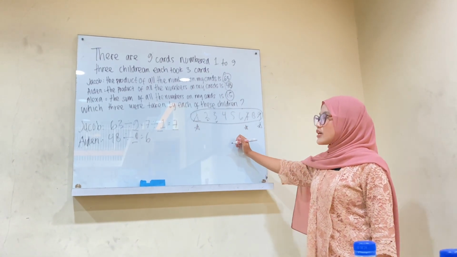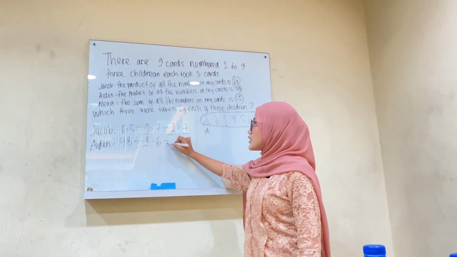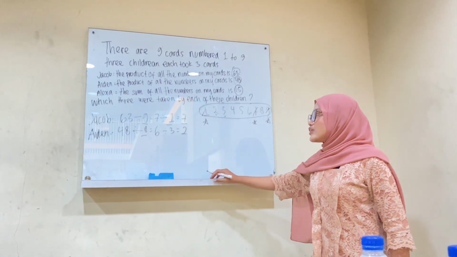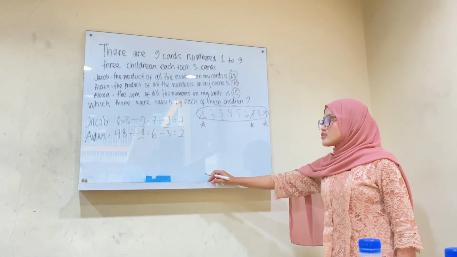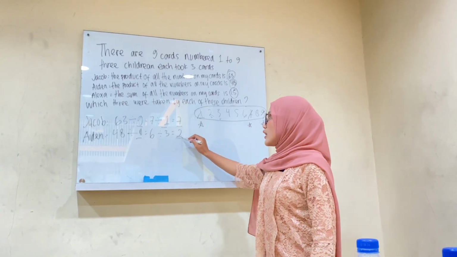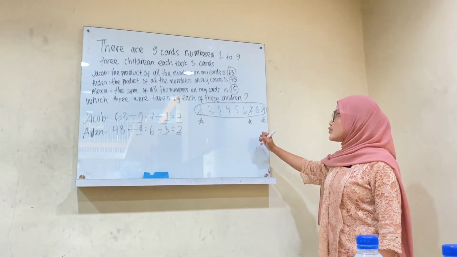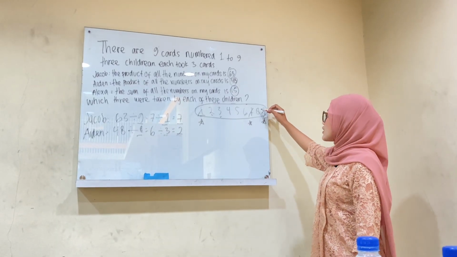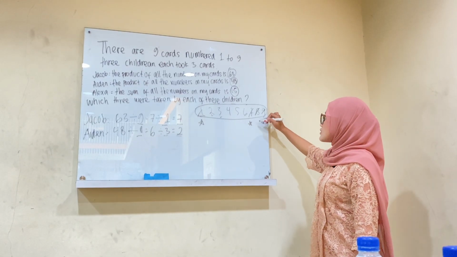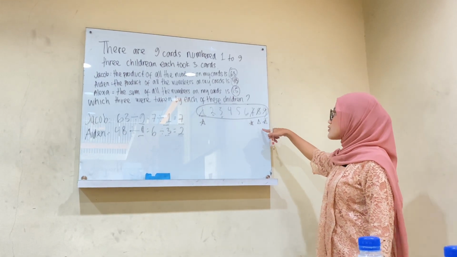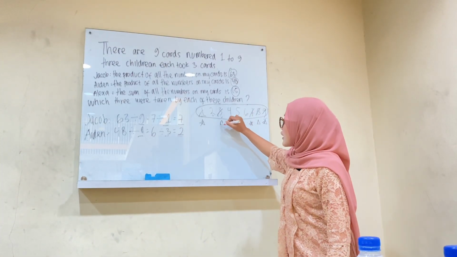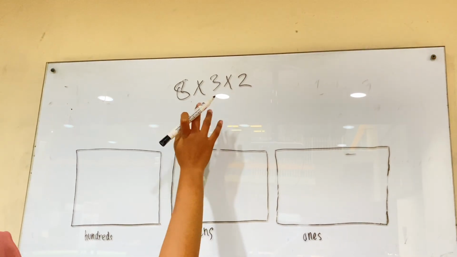So we divide 6 by 3 first, and that equals 2, so we know that the 2 more cards of Aiden are 2 and 3. I'm gonna do the same for Aiden to make it easier, and I choose the triangle symbol for Aiden. 8, 3, and 2.